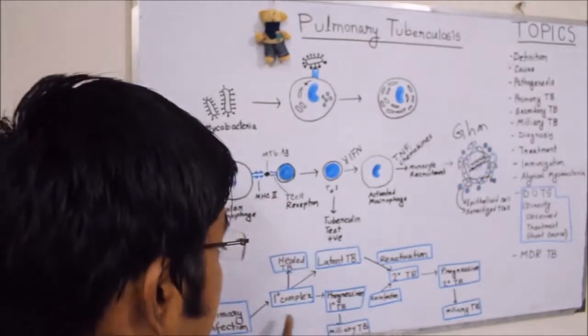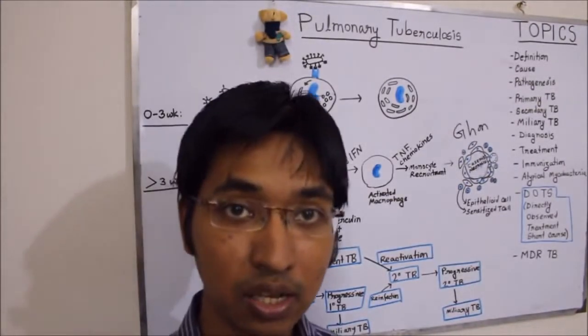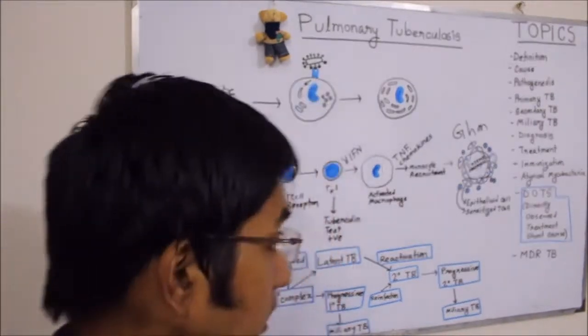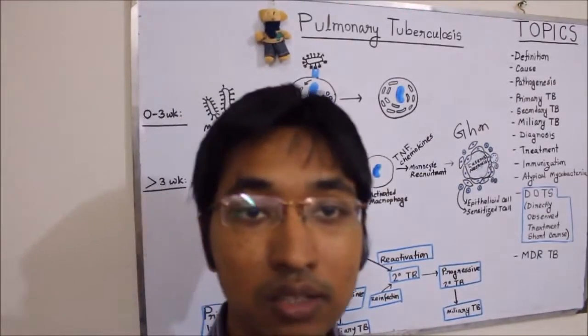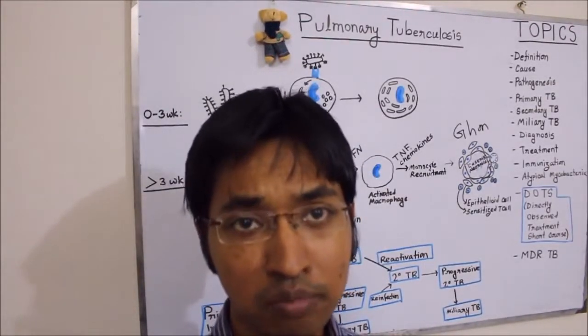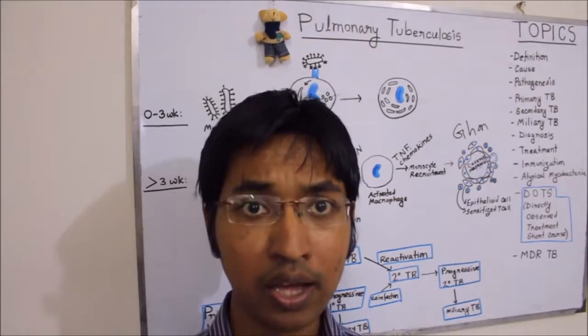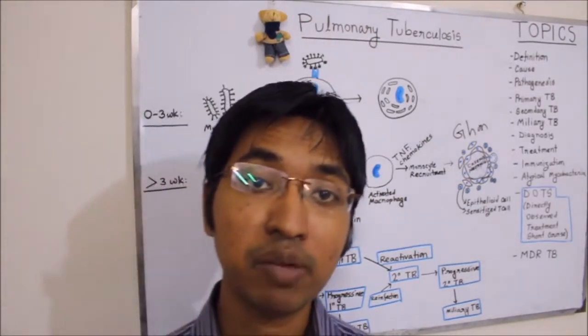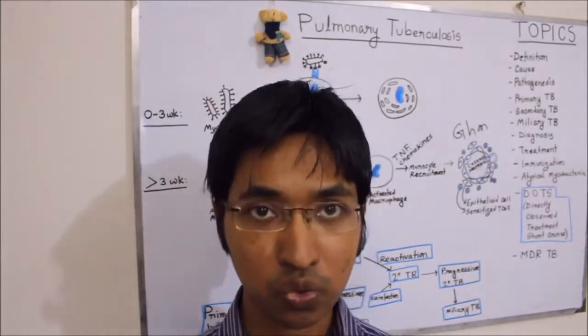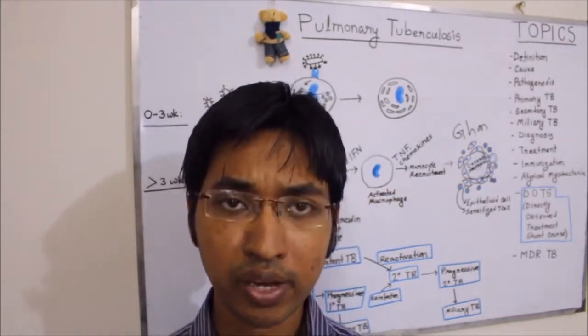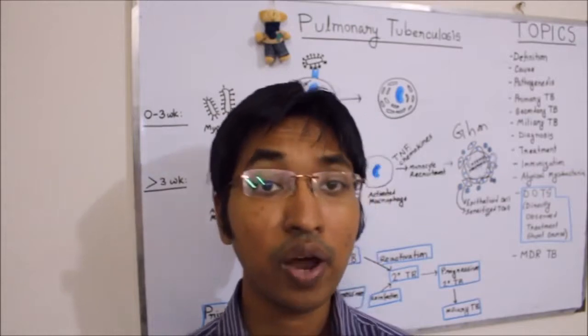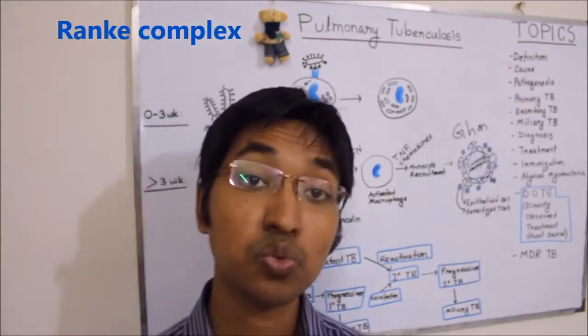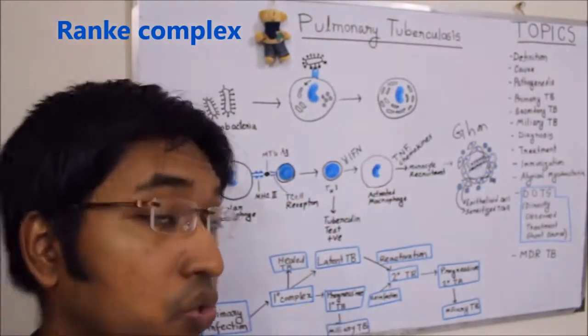It may heal, and then we will call that healed TB, and in that case the site of lesion becomes fibrosed and later calcified, and the calcification may be seen in chest x-ray, and those calcifications are referred to as Ranke complex. So that is one fate of primary tuberculosis.